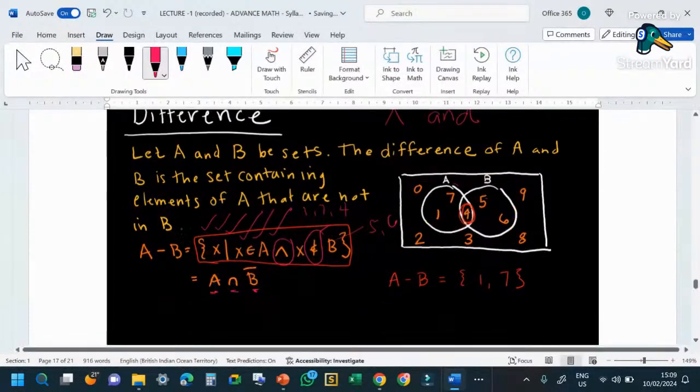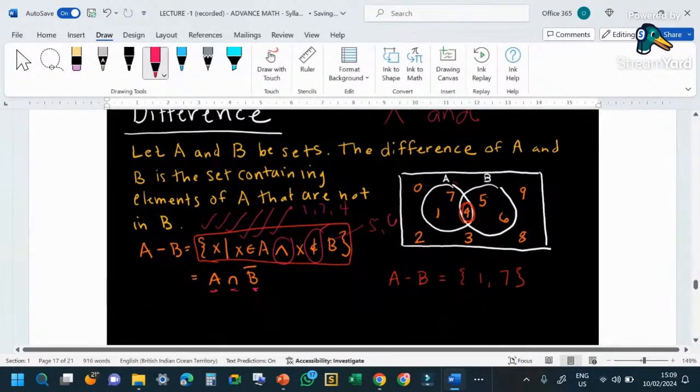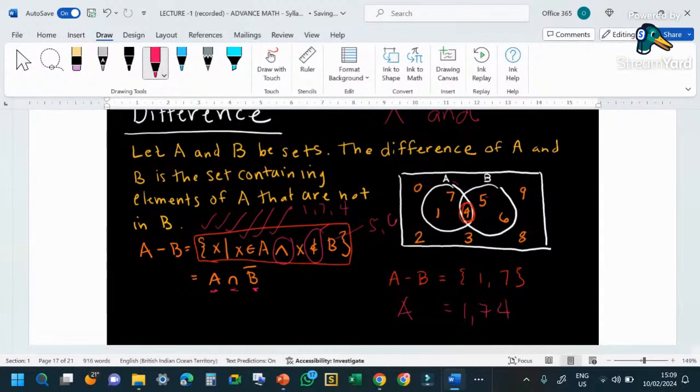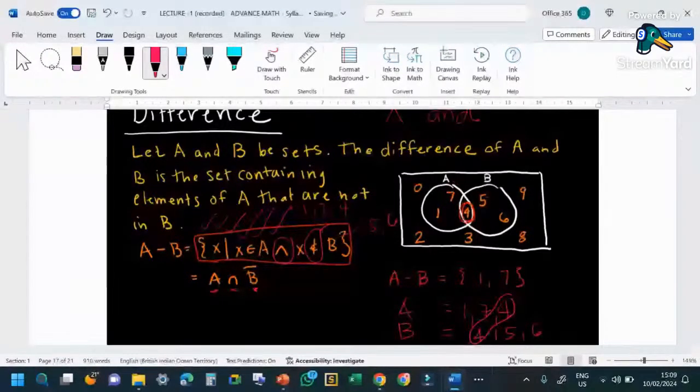All right, so let's have this one here. The elements of A are 1, 7, 4. And B, they are 4, 5, and 6. So it says it's the intersection of A and not B, not the complement of B. Not the complement of B means B itself, right?